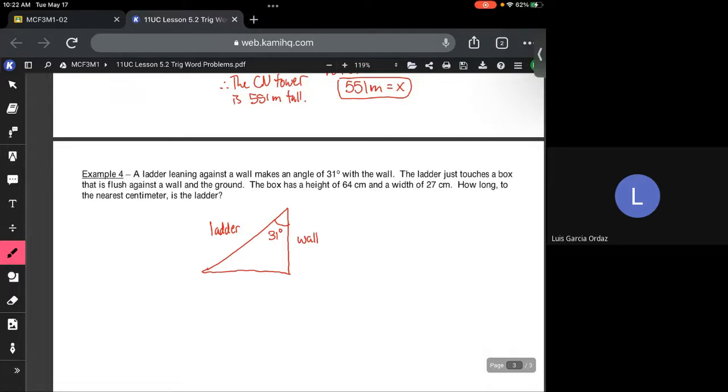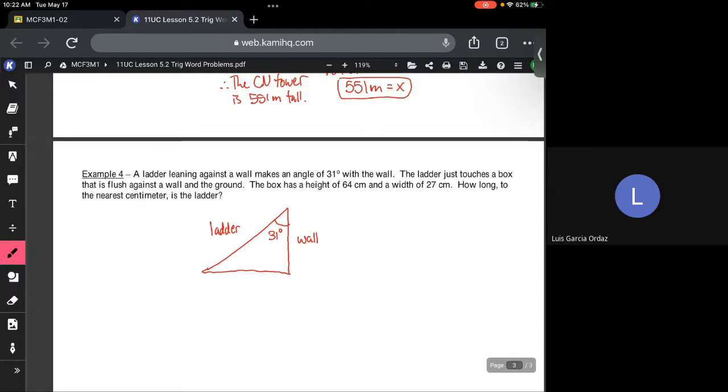Now the next piece of information we have is the ladder touches a box that is flushed against the wall and the ground. So basically, the box is touching the wall.